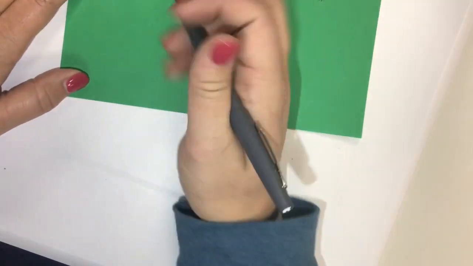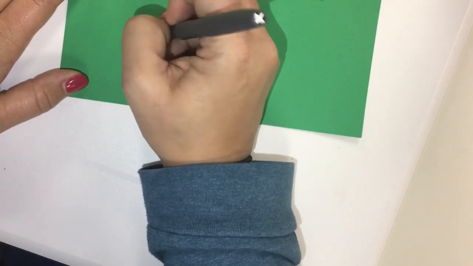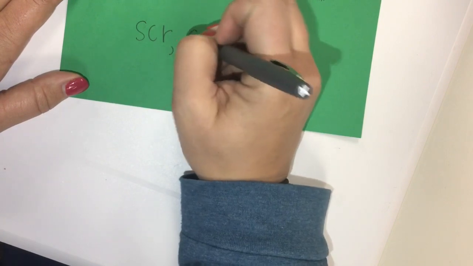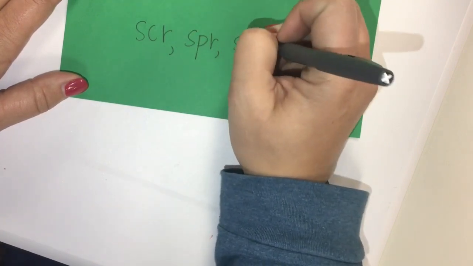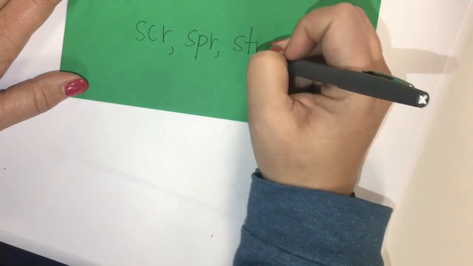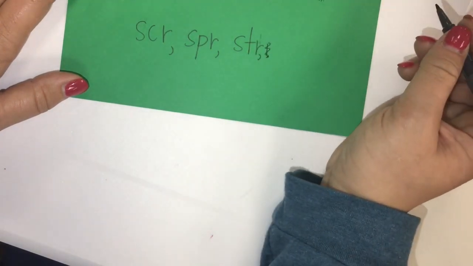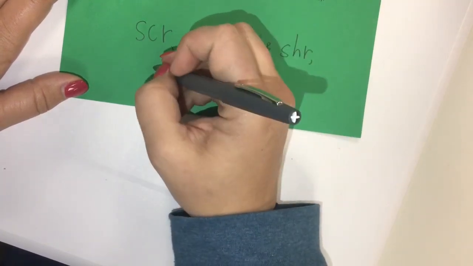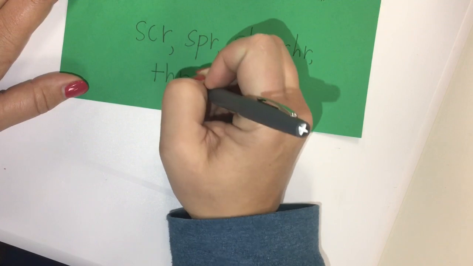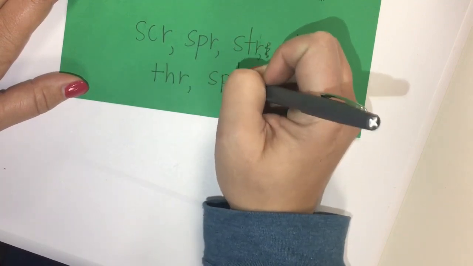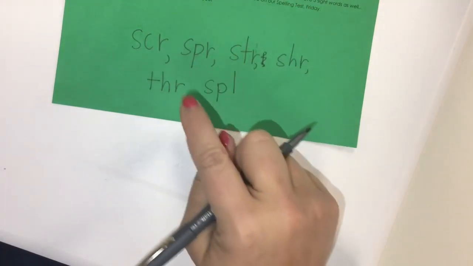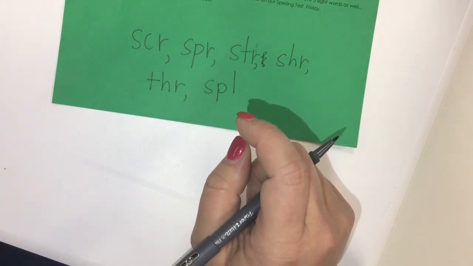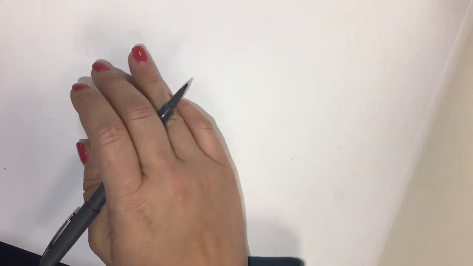We are going to be doing SCR, SPR, STR, oops, I started writing a word, SHR, and then THR and SPL. Those are the families, I guess we would call them, that we're going over this week. But we still will have every sound in a box.